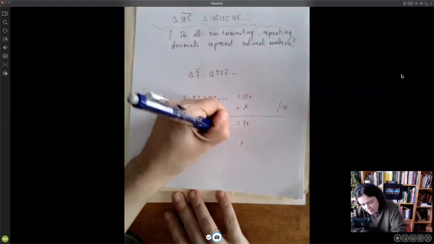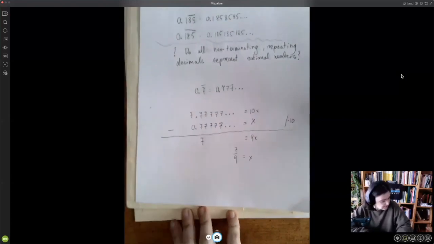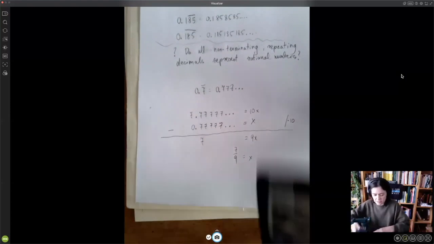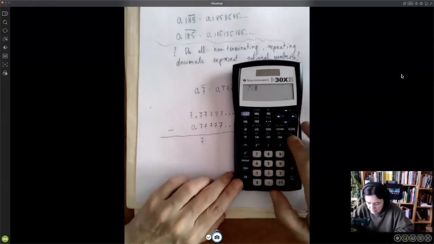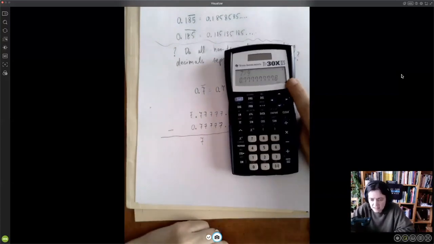x is 7/9. Now we can check via long division or with the calculator. But when we check with the calculator, something strange is going to appear. 7 divided by 9. You see this 8 here? This is rounding. So 77 was rounded up to 80.